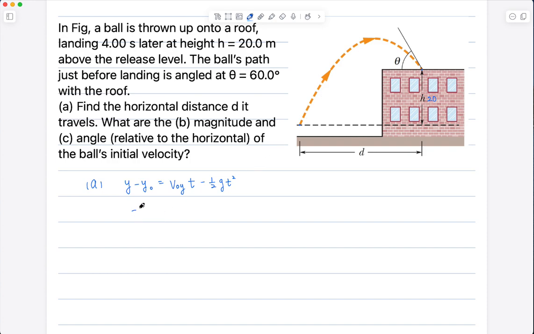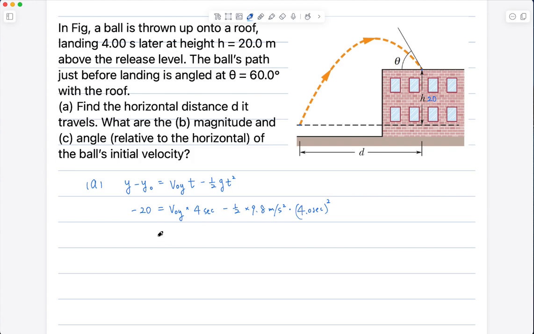Therefore, negative 20 equals the initial velocity y component times 4 seconds, minus 1/2 times 9.8 times 4 seconds squared. Then we plug in the values.